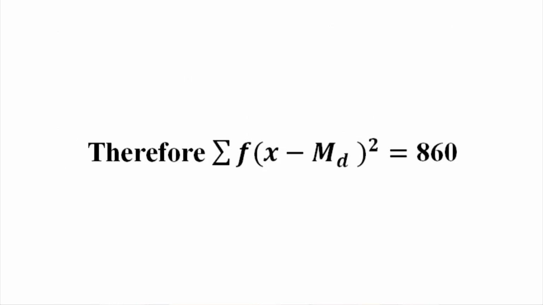Now, the sum of f into x minus median square is 860.